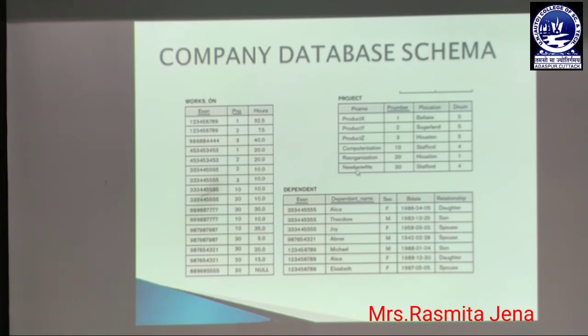You can see the last tuple has P location Stafford. As we are performing the selection operation, we will retrieve this tuple. From this tuple you can see this is the department number and this is the project number, and we will retrieve the department manager's last name and address as well as birth date.